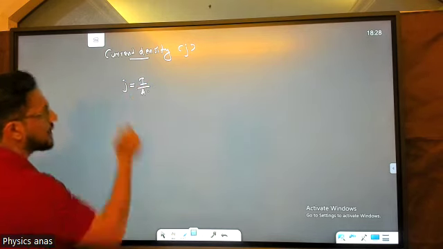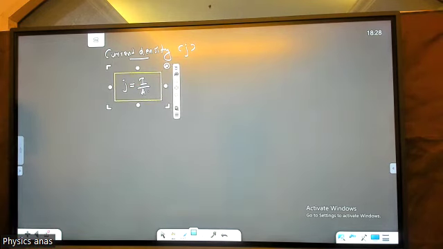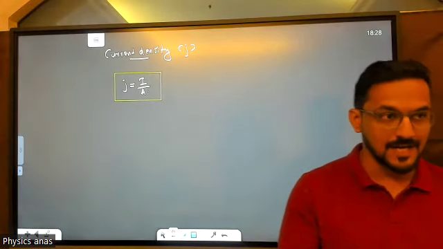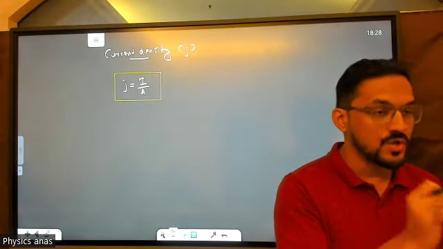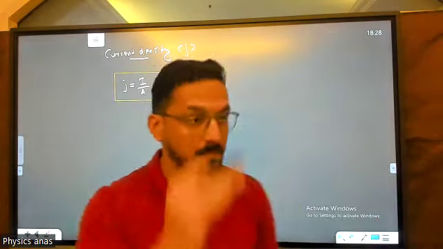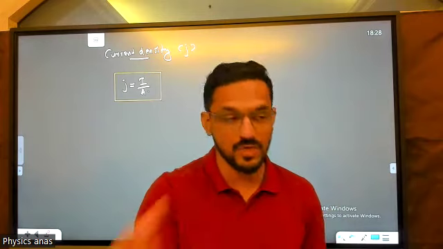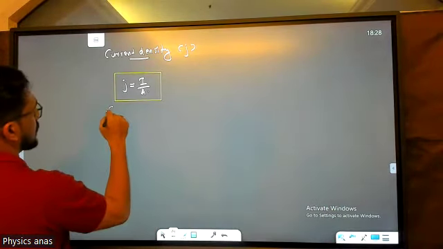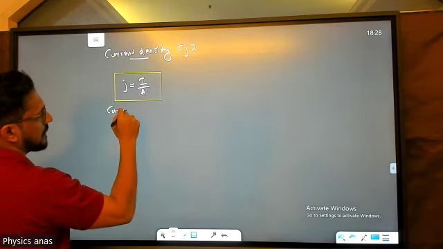Now, give me a definition. What is current density? Current per unit area. Current passing through the conductor per unit area.